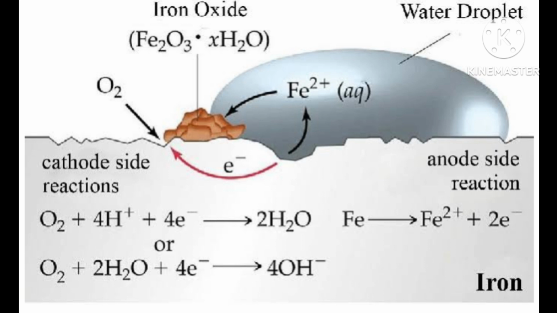In Fe2O3, Fe is plus 3 and oxygen is minus 2, by cross valency. Then it absorbs water, Fe2O3·xH2O, where x may be 1, 2, 3.